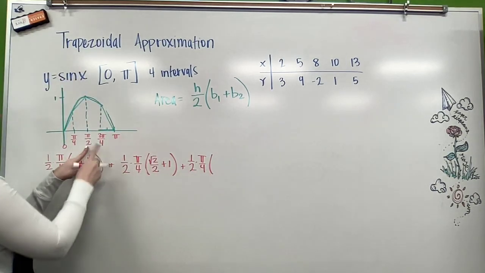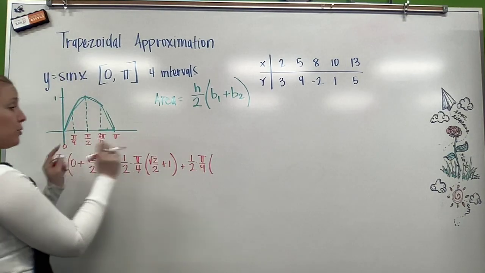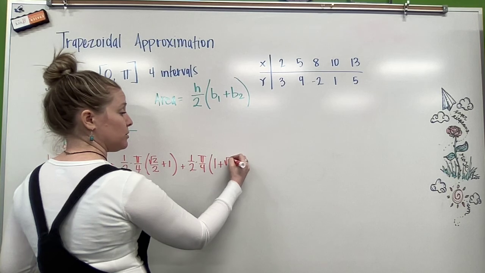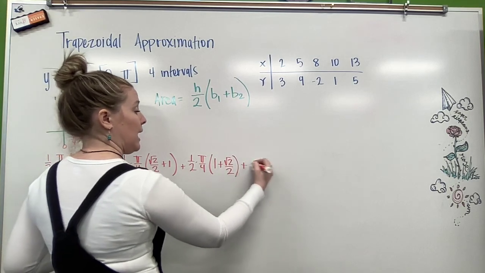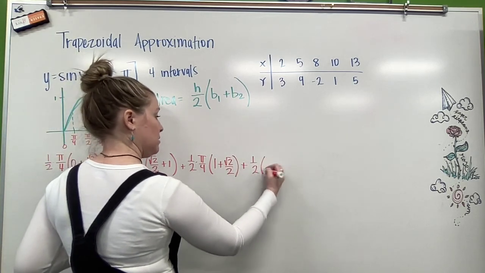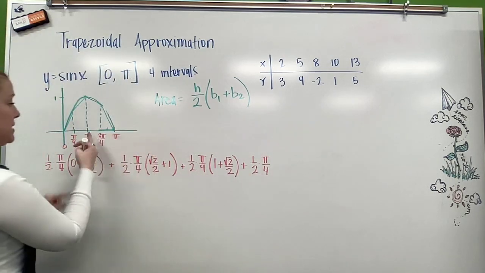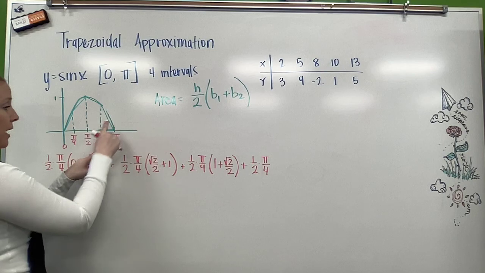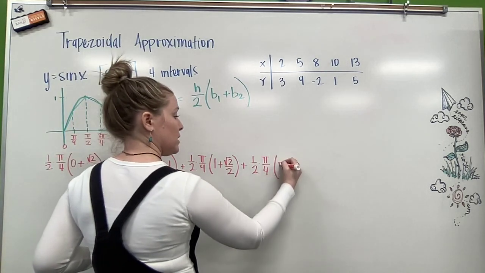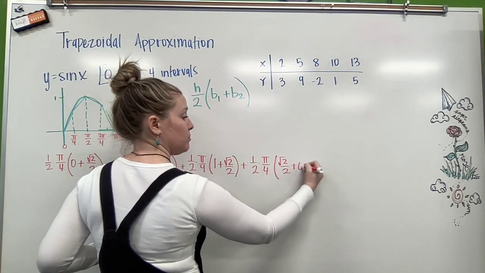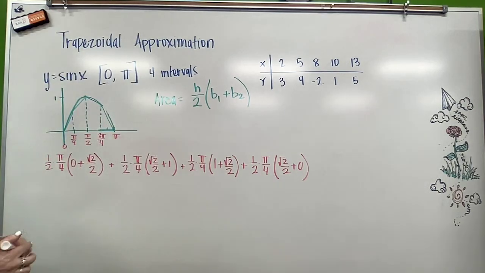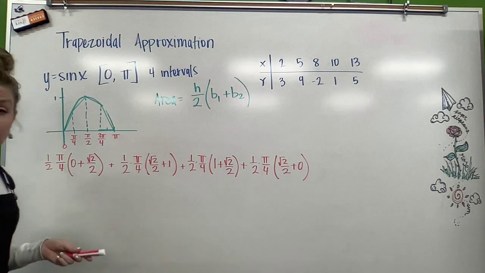Now I'm using pi over 2 and 3 pi over 4, so that's 1 plus root 2 over 2. And my last trapezoid, uniform height between our bases here, we're going to use 3 pi over 4 and pi, so that's root 2 over 2 plus 0. So that's a lot of writing, right?